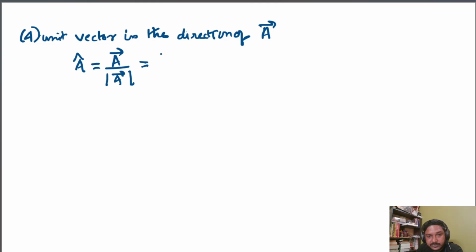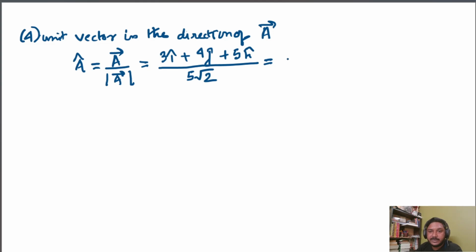So this vector here was 3i plus 4j plus 5k. Now divide it by the magnitude which came as 5 root 2. So now you can just divide each of them.